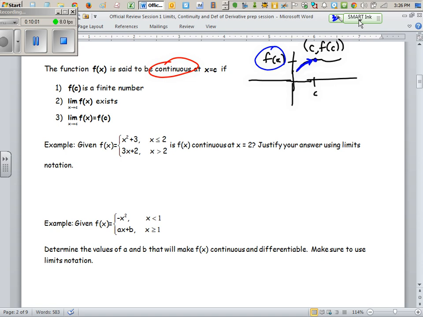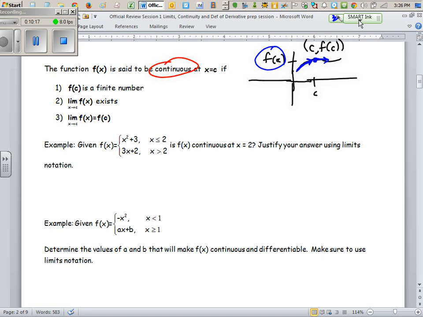When I actually got to c, my y value was f of c. And as I was leaving c, my y value was f of c. In other words, I never had to lift my pen because the approaching value, the at value, and the leaving value were all f of c.